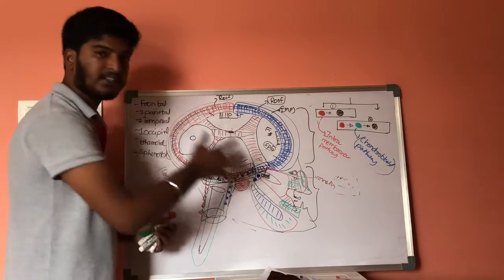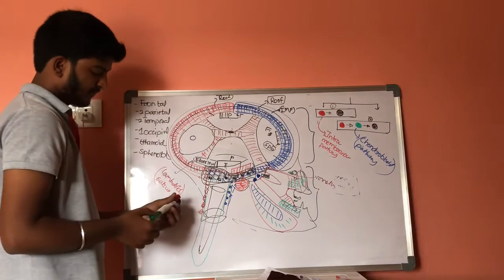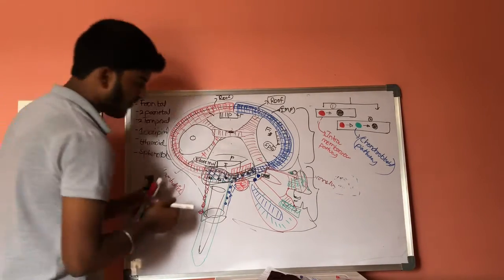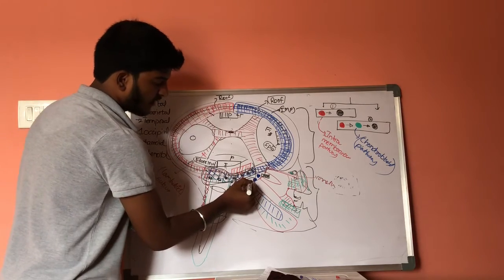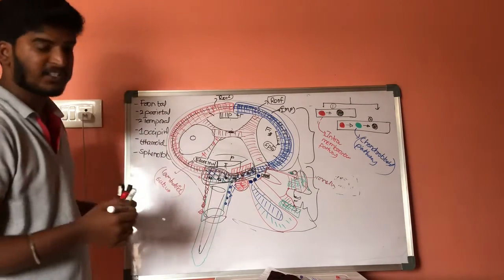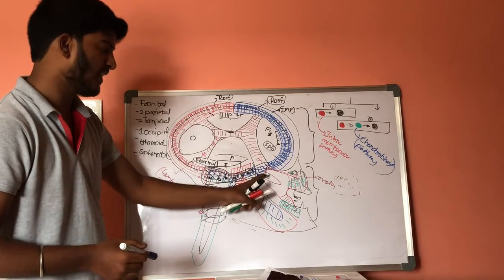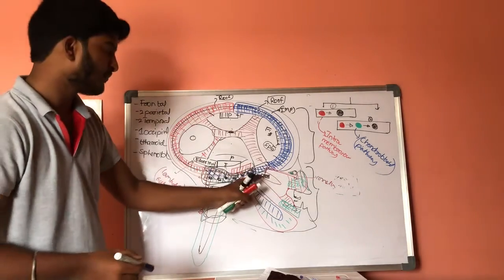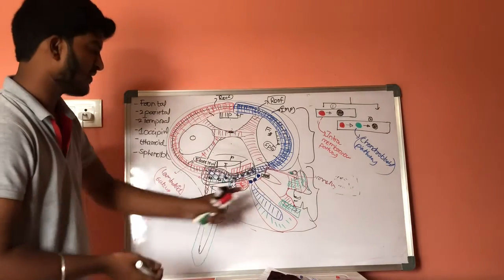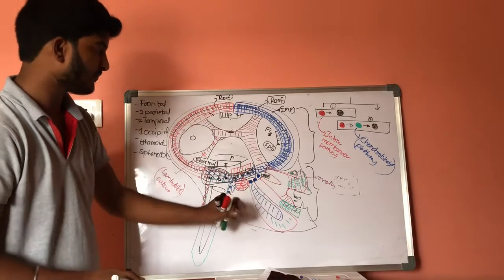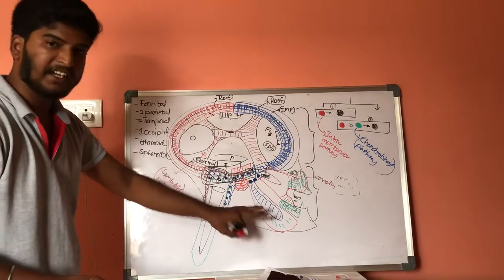It is involved in the synthesis of jaw bones, and this second pharyngeal arch also involves in the synthesis of the third smallest bone, that is stapes. The first two, malleus and incus, are developed from the first pharyngeal arch, whereas the third, stapes bone, is developed from the second pharyngeal arch.